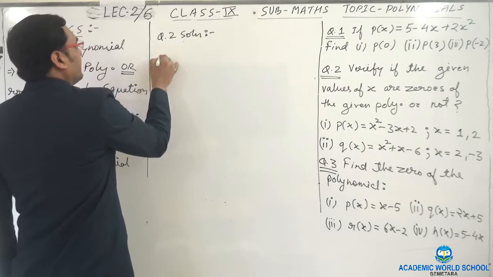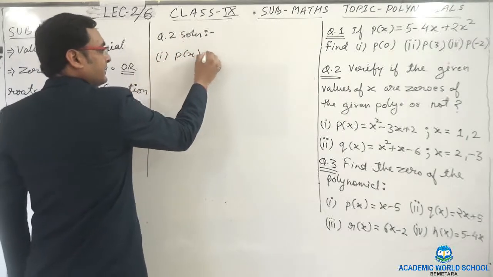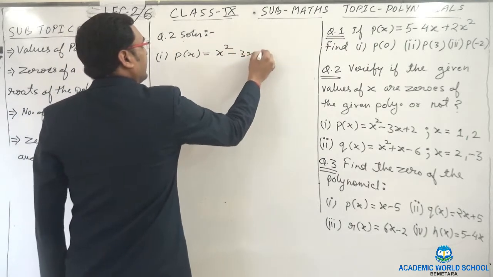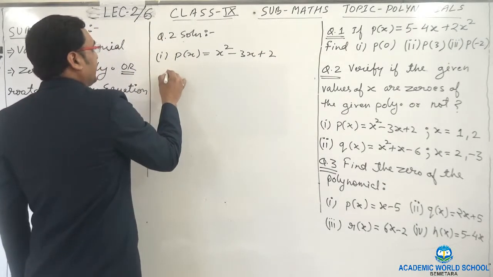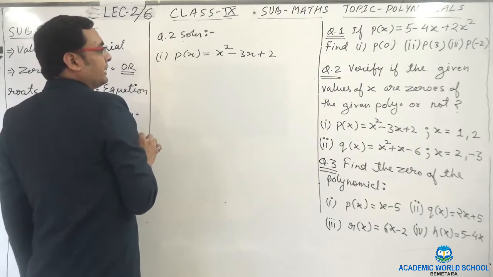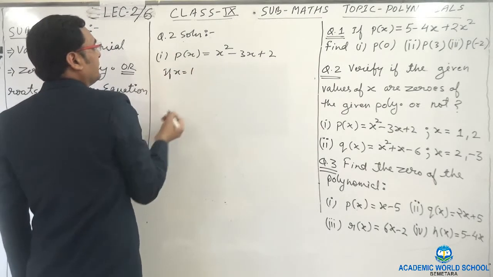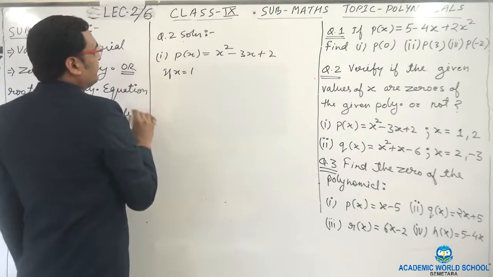Look at question 2, solution. First, the polynomial we are given is p(x) equal to x square minus 3x plus 2, and we have to check for x equal to 1 and 2. So if x is equal to 1, then what will be the value of this polynomial? At the place of x we will put 1.